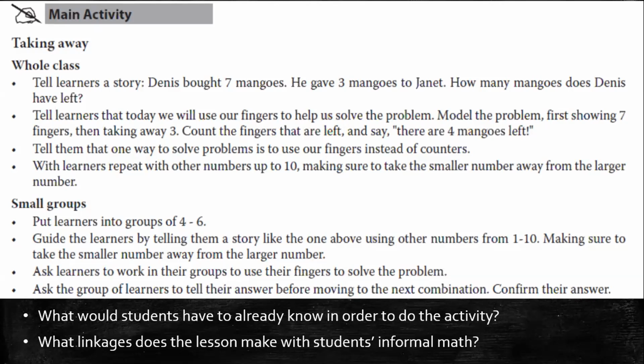Okay, and I'm sure there's more, but to move on: what linkages does the lesson make with students' formal math?